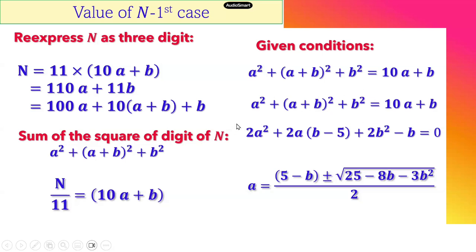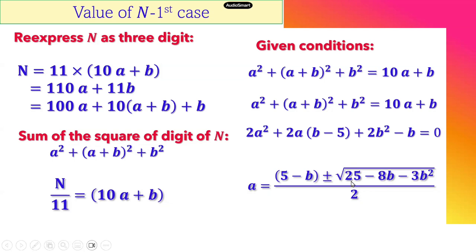After simplification, you open the bracket and collect terms as a quadratic equation in a. Then we have the solution a equals (5 minus b plus or minus the square root of 25 minus 8b minus 3b squared) over 2. Here b we take from 0 to 9, and we will see for which values a comes out an integer from 1 to 9.